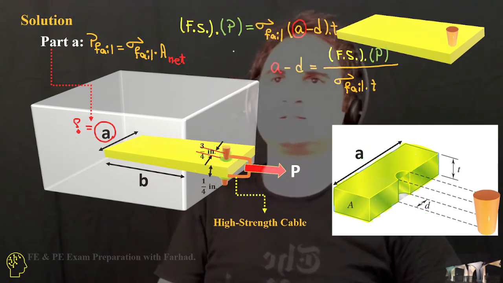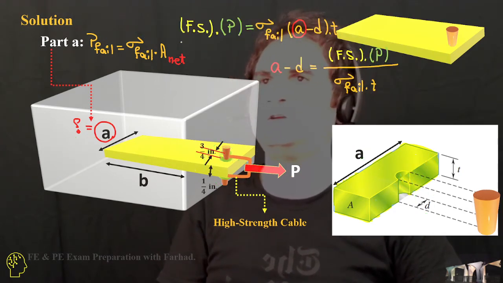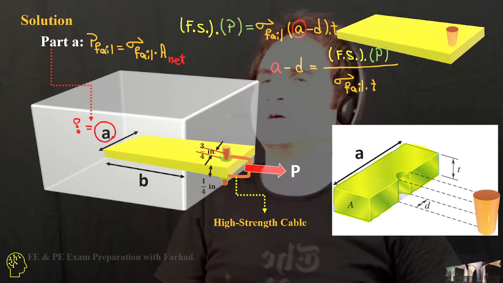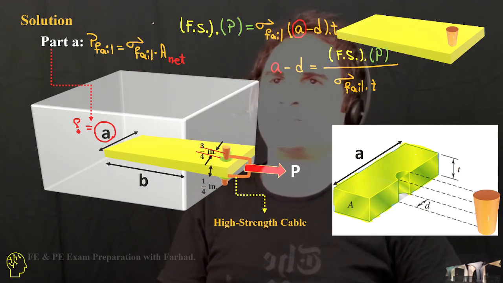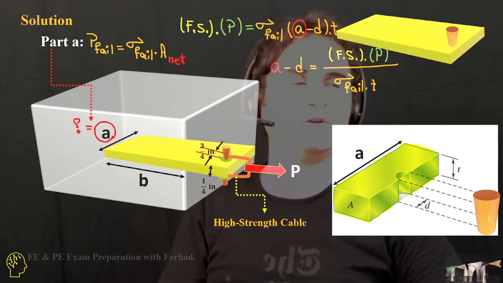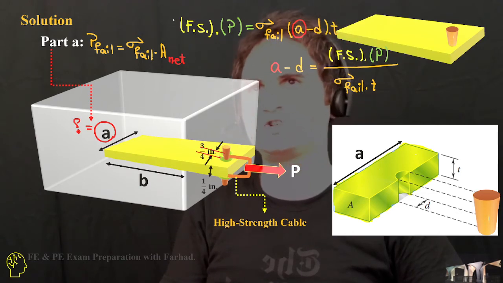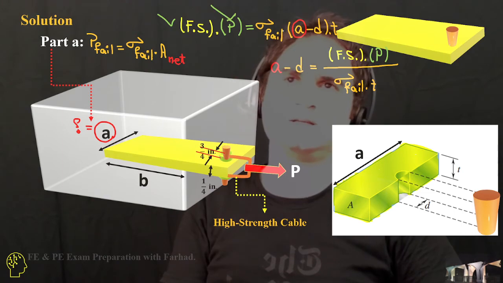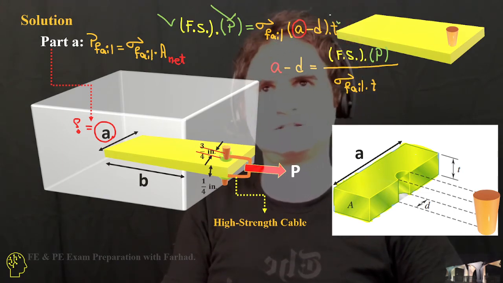If you reorganize the equation, the factor of safety times the pulling force equals sigma failure times (A minus D) times the thickness.